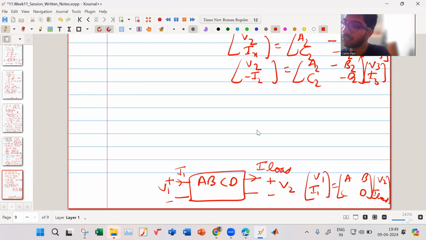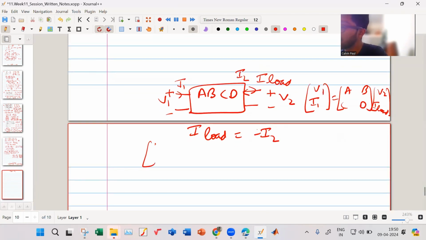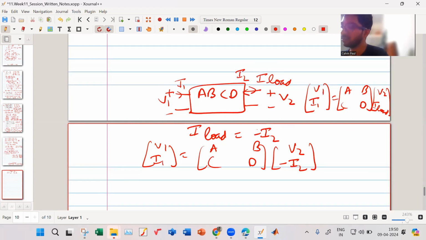Yes, this is the relation. Now what I have done is, I know my I load is equal to minus I2, because my I2 is like this. We are assuming it in this direction. You always assume for a two-port network that the currents are entering in. And that is why for ABCD parameters, what you get is V1, I1 equal to [A, B; C, D] times V2 and minus I2.